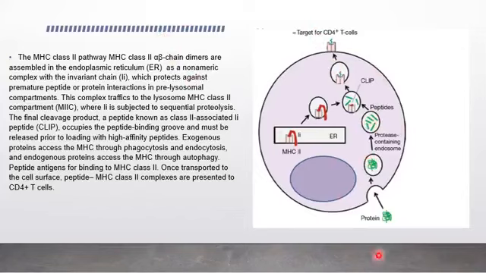So this is about the MHC class 1 and MHC class 2, and you've got the whole information about each. We will continue with the activation of the cytotoxic T cells, because it's very important.